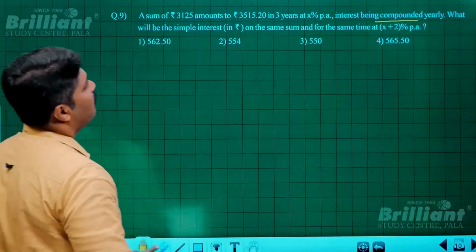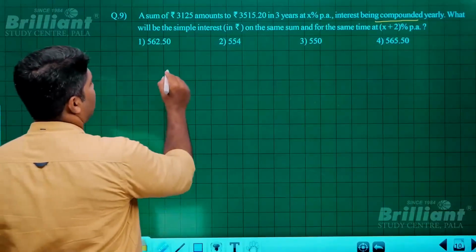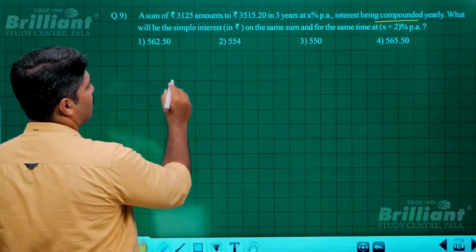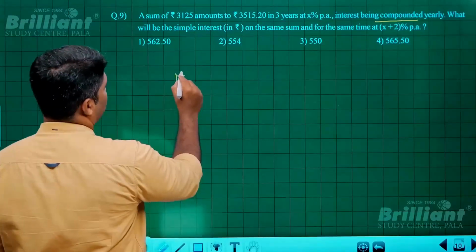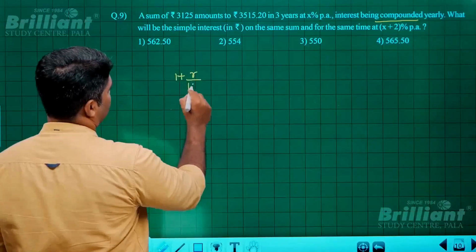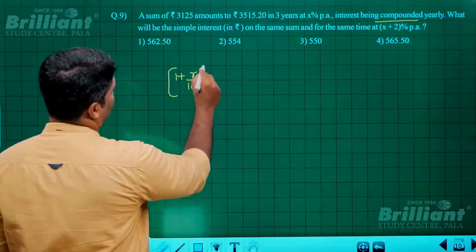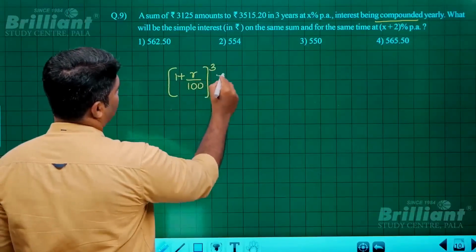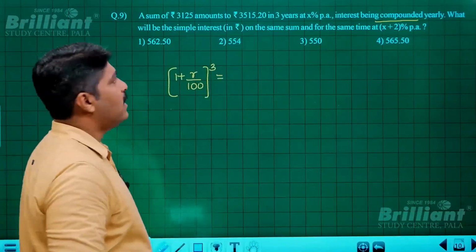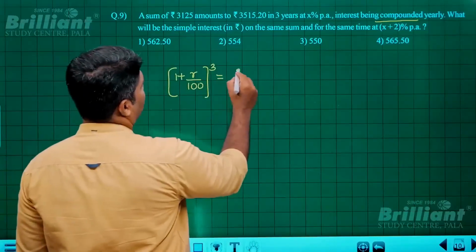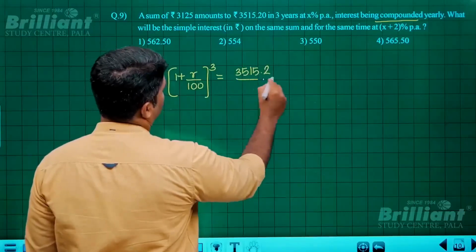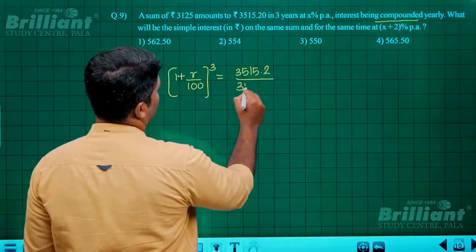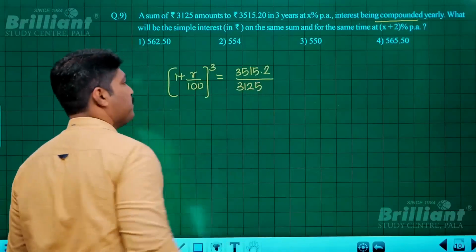Here we know that P into 1 plus R by 100 the whole raised to n is equal to the amount. So how to find this step easily? That is simply the final amount, 3515.2, divided by the initial amount, 3125.